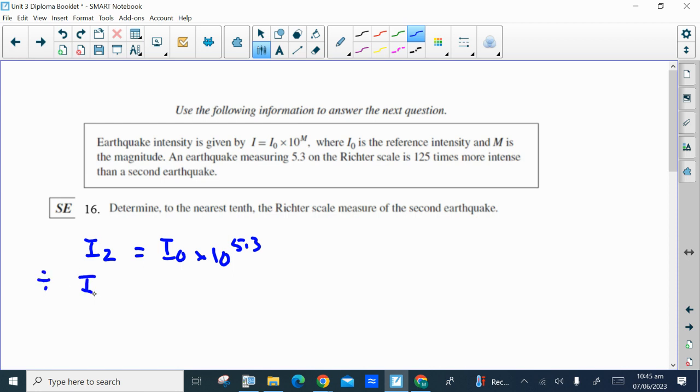And if I divide that by I sub 1, and actually I've got these backwards, is more intense than the second.